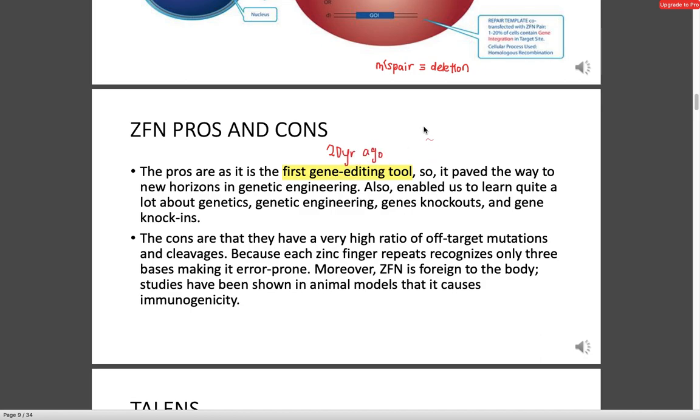You probably didn't notice, because at that time you were babies. How old were you 20 years ago? 3, 2, 1 years old. Wow, so young. How many of you were 1 year old 20 years ago?